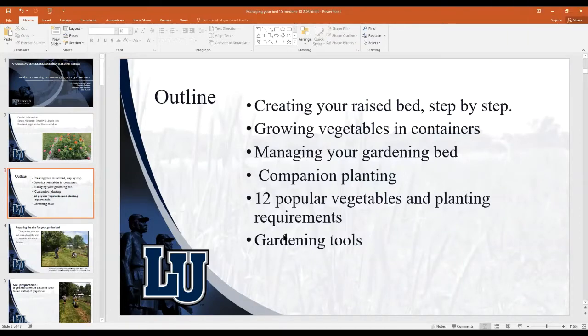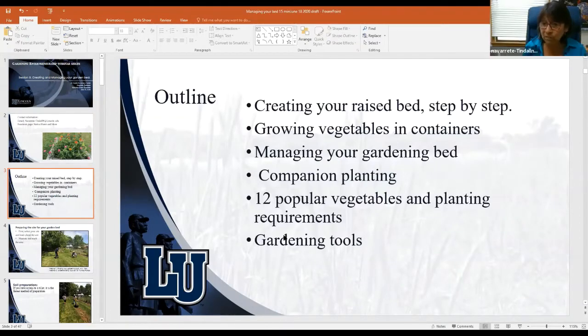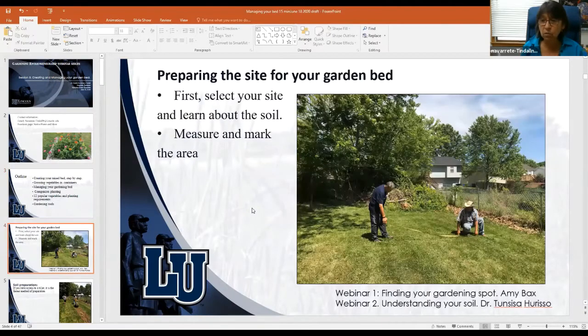Then we'll talk about growing vegetables in containers and how to manage your own gardening bed, companion planting, and also at the end about 12 popular vegetables and some of the planting requirements. And finally, we'll just show you some of the gardening tools. Probably you have your own favorites, but we'll just talk about ideas.